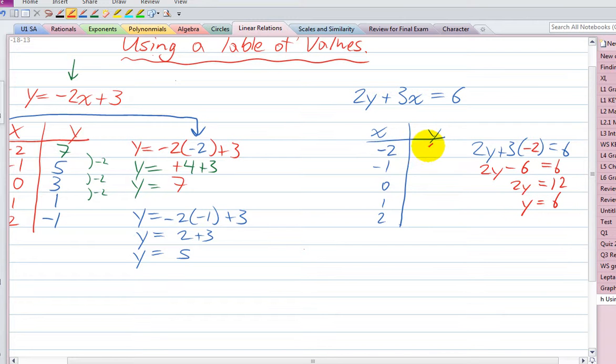So y equals 6 for the first value. This one's a little bit harder. You might want to show your work for all the points.